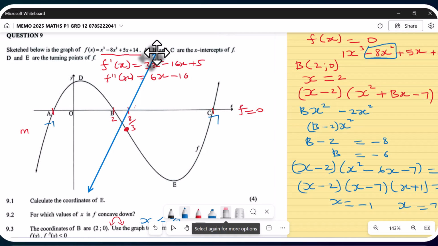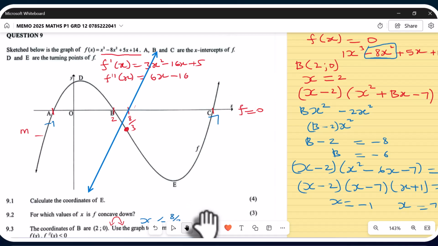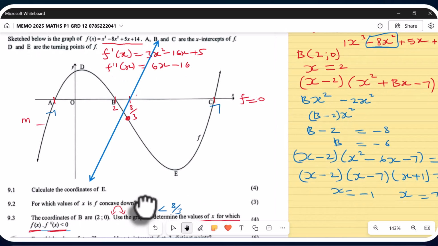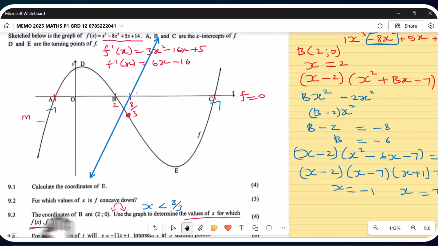So if I check from -1 until 2 here, the function is positive. Why is it positive? It is above the x-axis, until this point here. But the second derivative here is negative, going to negative y values, while these were positive y values from the function.